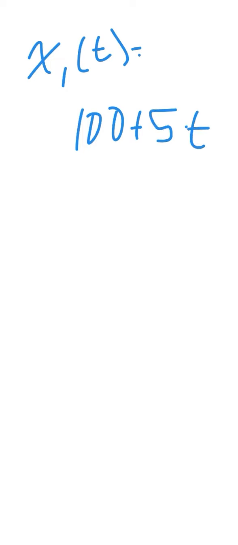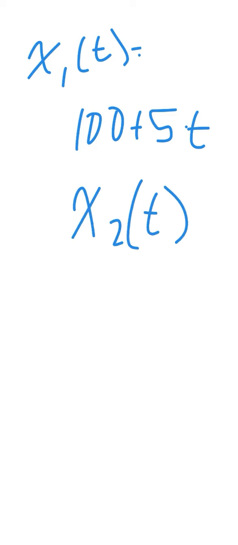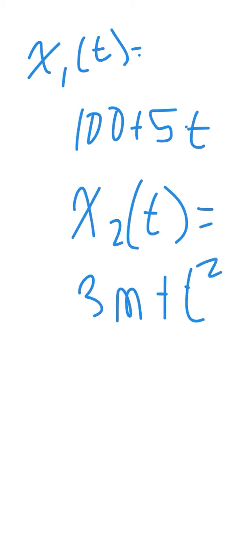And then we have another object that is following the rule of x2(t) = 3 meters + t squared. The first question is asking us to find at what time the two objects will have the same x, or when the two objects will meet.